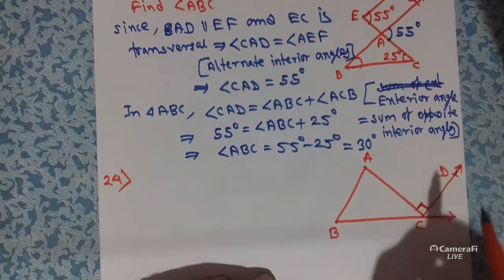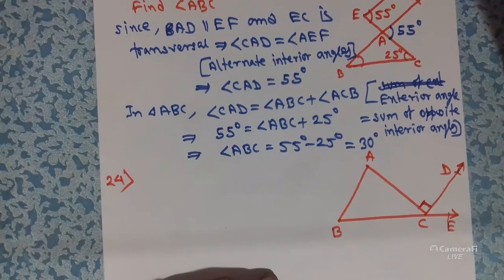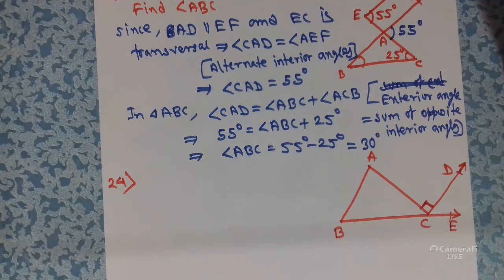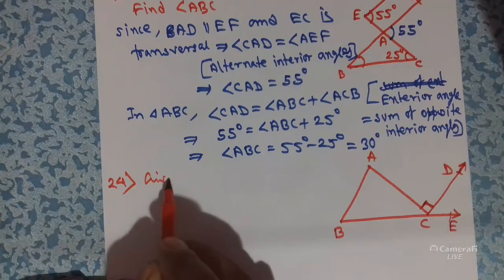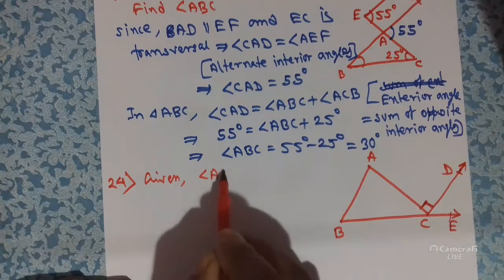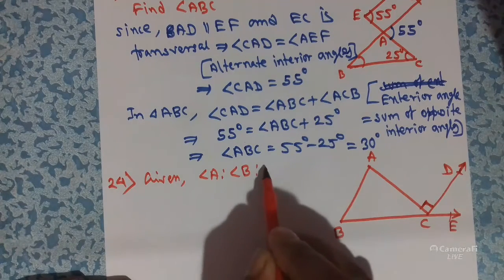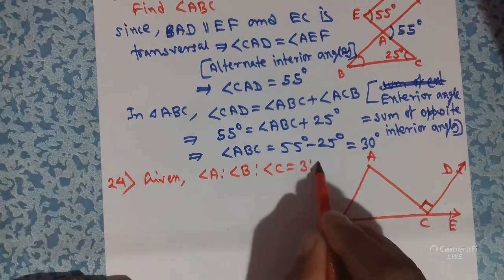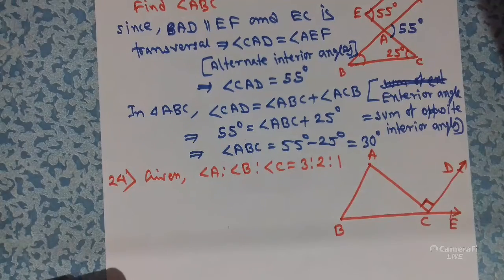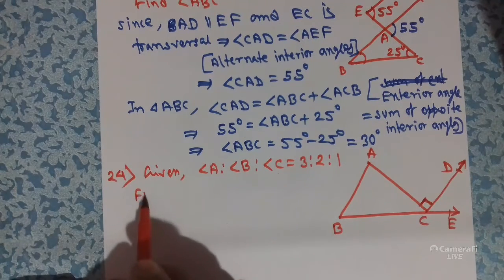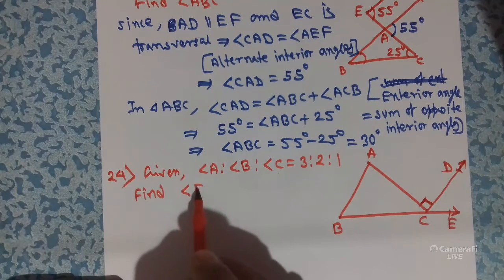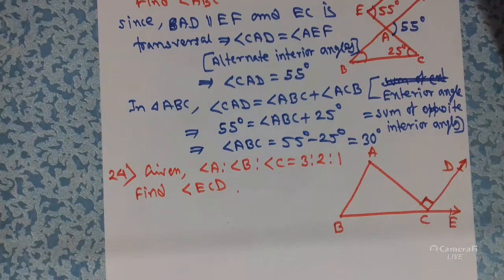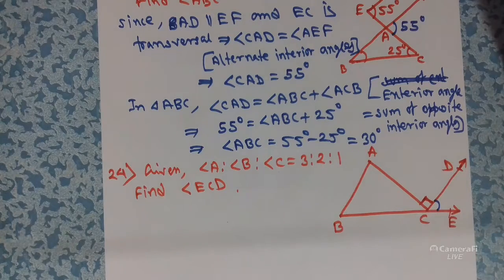This portion is D and this portion is E. Now according to the figure, some conditions are given, that given angle A, angle B and angle C. The ratio of angle ABC is 3:2:1 and we have to find the value of ECD. ECD means we have to find this angle ECD.